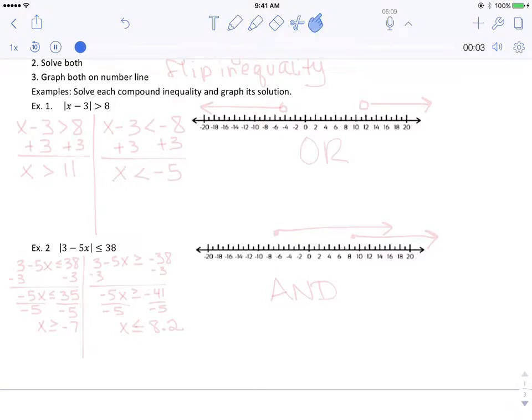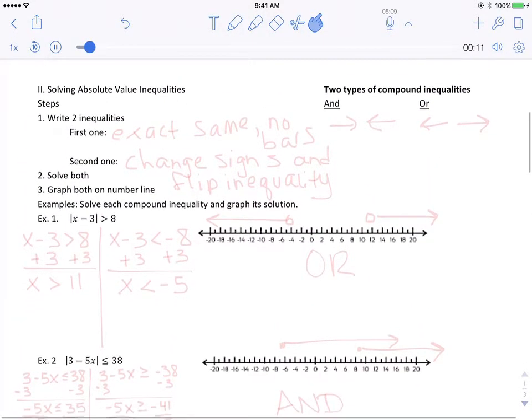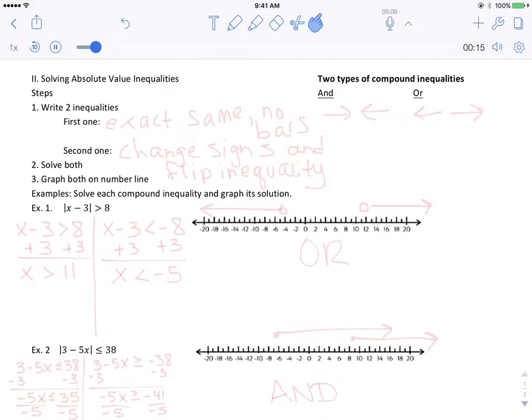For this lesson, we will move on to solving absolute value inequalities. Similar to solving absolute value equations, we are going to write the equation into two inequalities. The first one is going to be the exact same equation with no absolute value bars.